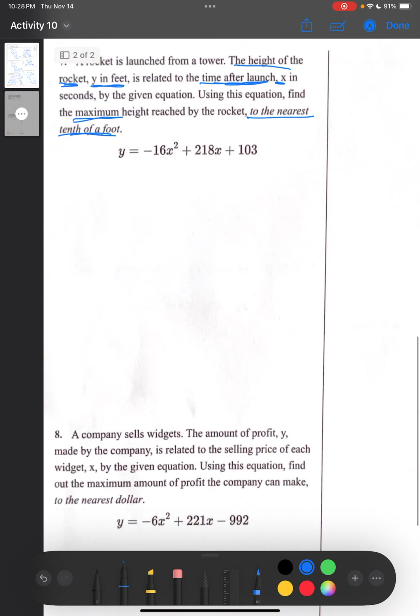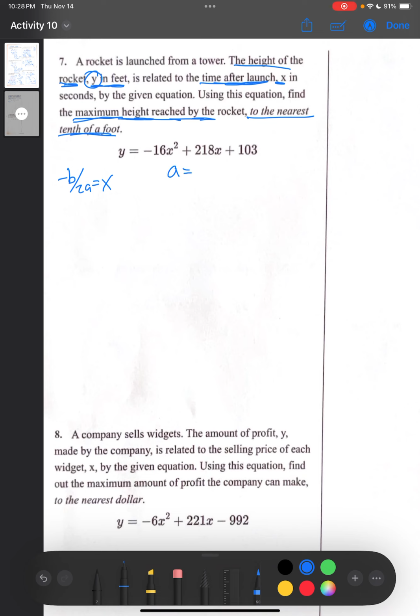So, our formula we'll be using, right, the vertex is negative b over 2a equals x. So we're going to find our input first, and then we're going to find our output, because we're trying to find the maximum height reached by the rocket, which is our y. So with this problem, we are going to start by finding our a and b.